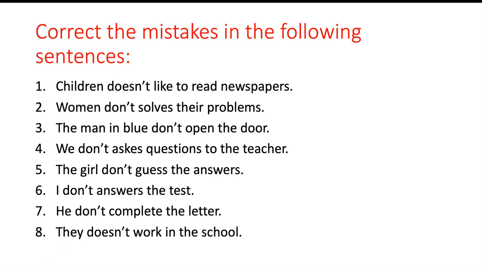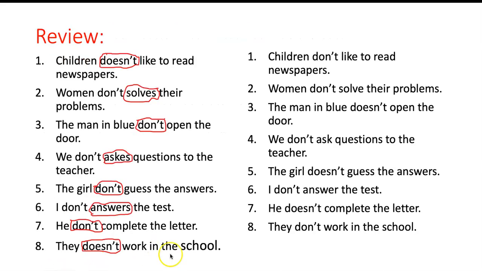Okay. Now we are going to review the exercise, okay? So we have children doesn't. Why? Because children is plural, okay? So for plural with I, you, we, they, you don't use the auxiliary does.